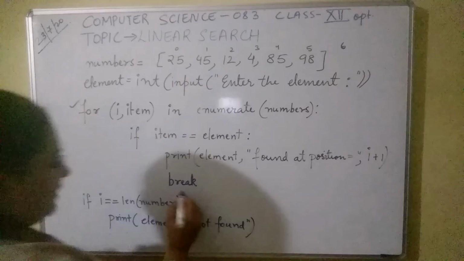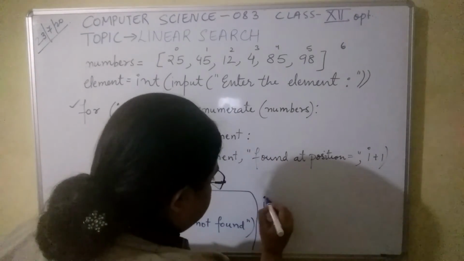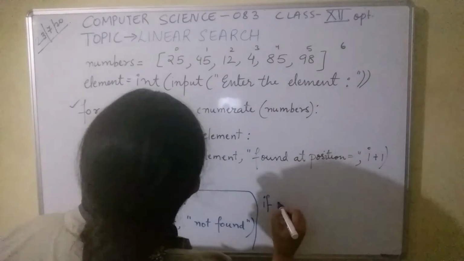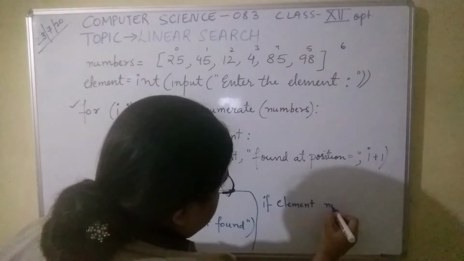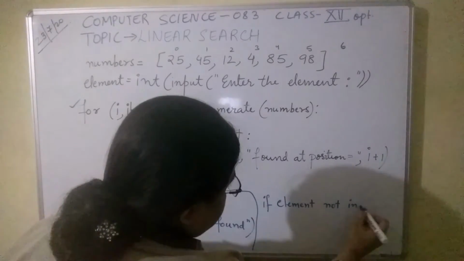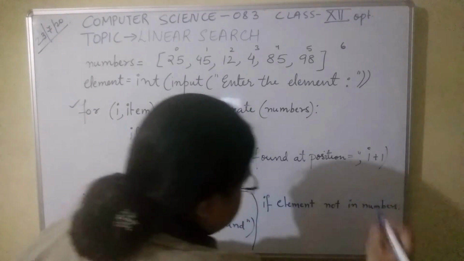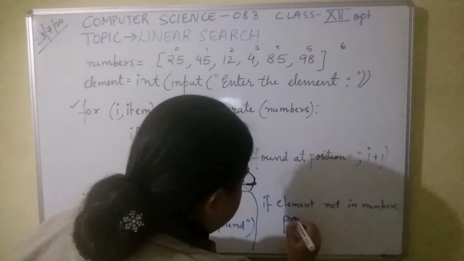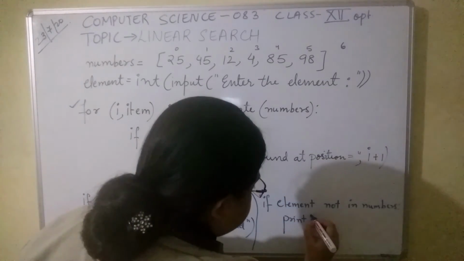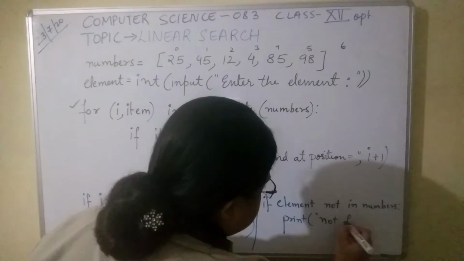Now there could be one alternative to this code. We can also write if the element not in numbers. Simple Python statement. If element not in numbers, print not found.